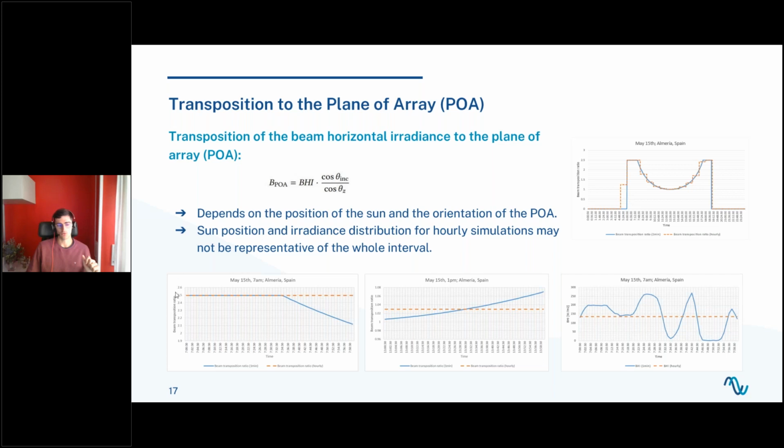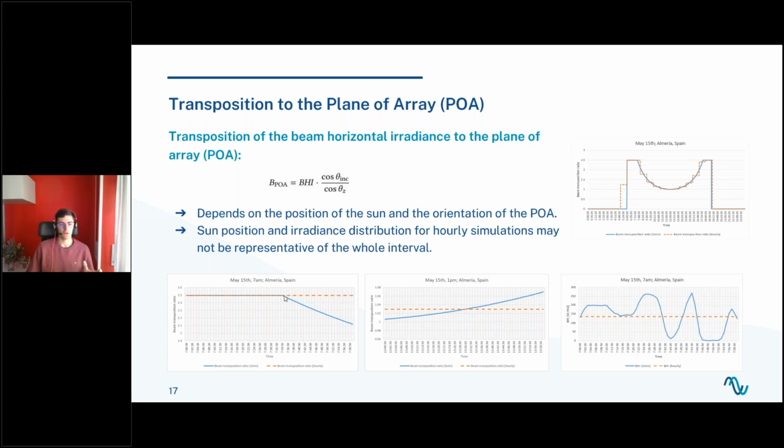However, if we go to sub-hourly, to 1 minute resolution, we will see how for every interval we are calculating the transposition gain, and how in this case the value that we were considering for hourly simulation, which was constant, is not representative of the whole interval.